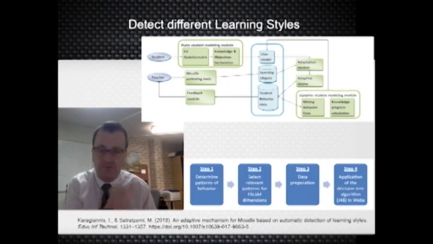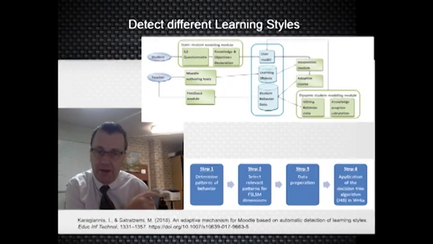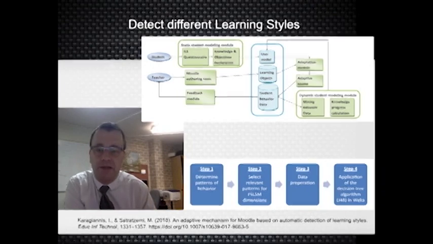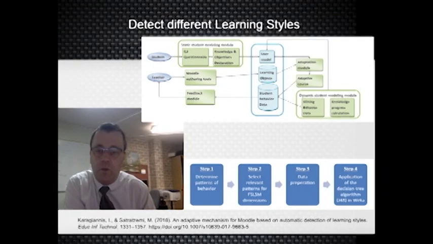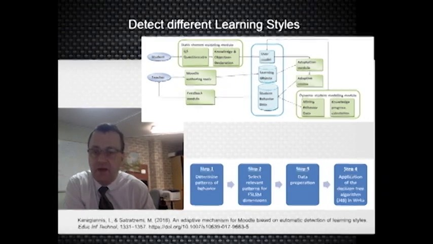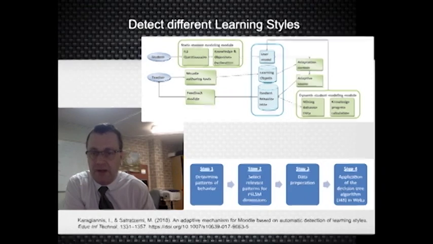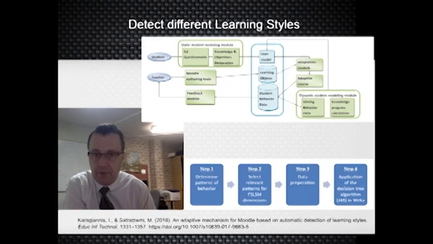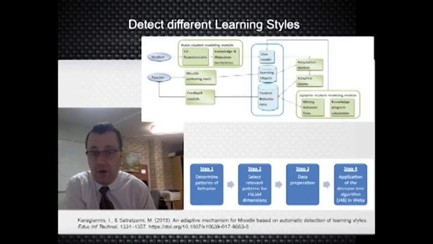This info is fed, as you can see, into the learning analytics system, which then analyzes the data and feeds information back into the LMS, like Moodle, as we can see in the diagram there. It then alters the subject content itself on the LMS.